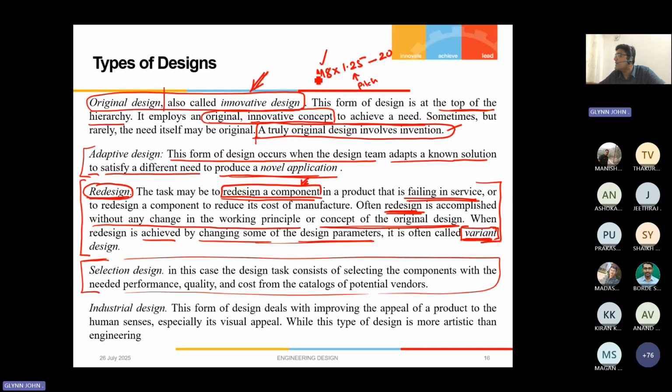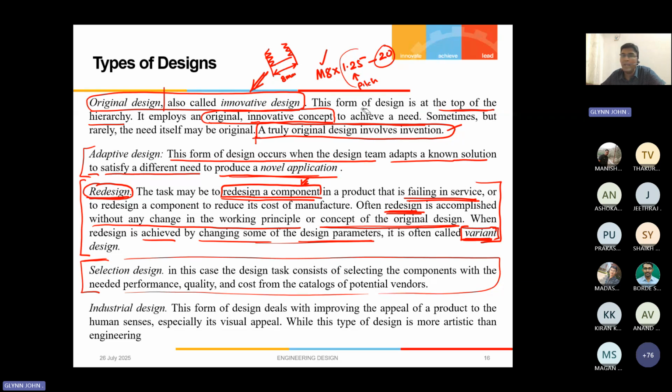So that means, see now if I have a bolt like this, when I say M8, this outermost diameter is 8 mm, thread pitch is 1.25, 20 mm is my length. So this is how you have to specify.